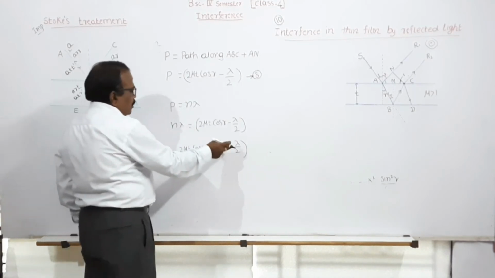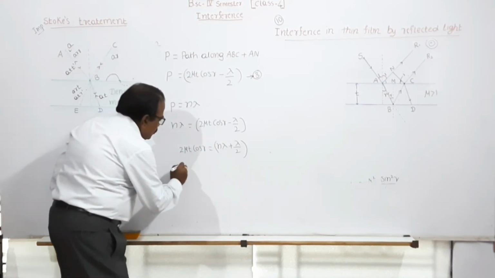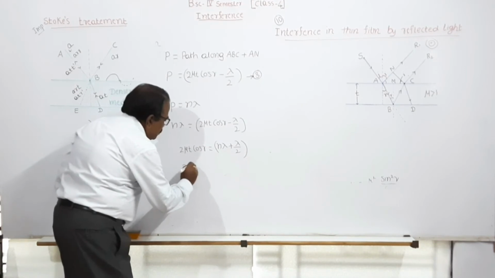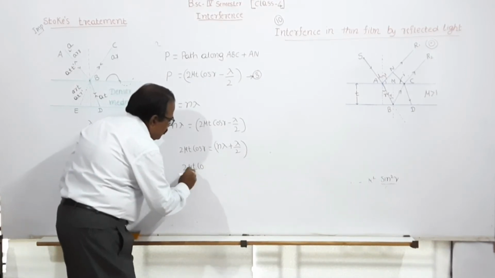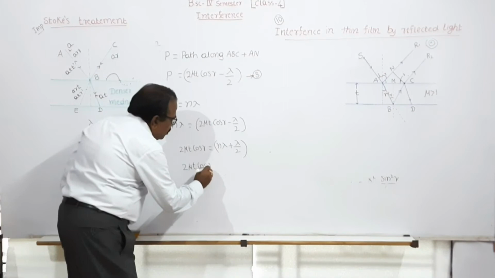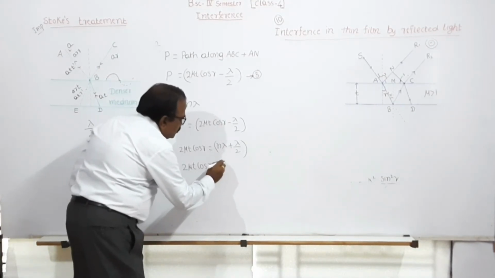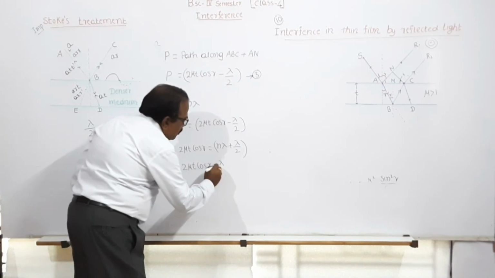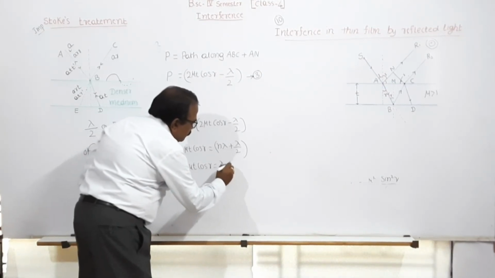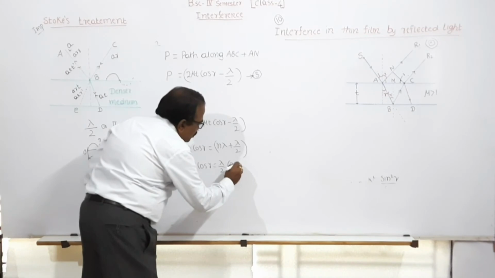Then you take this lambda by 2 outside, your path difference becomes 2 mu t cos r is equal to, lambda by 2 is taken outside, this becomes 2n plus 1.